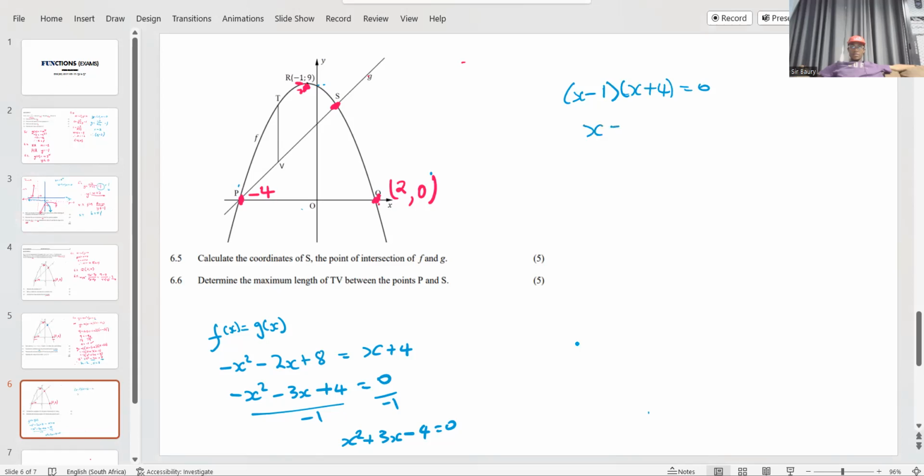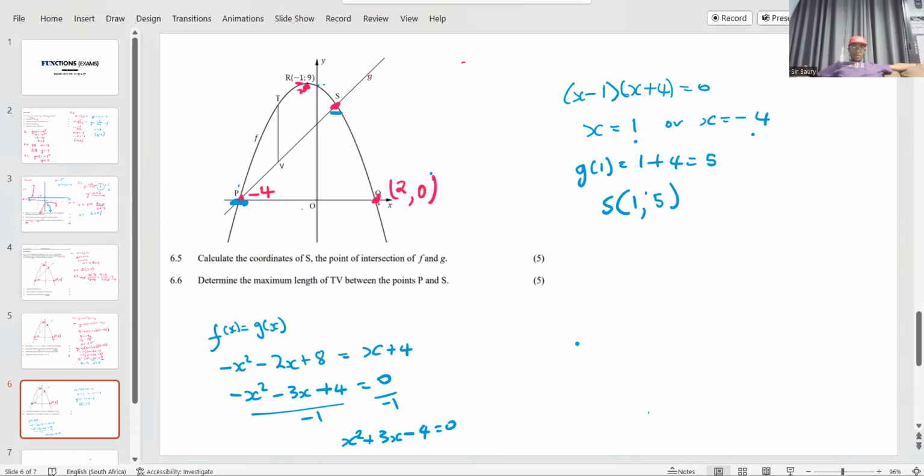Then x is equal to 1, or x is equal to -4. So we have two intersections at x is equal to 1 and at x is equal to -4. So when I look at this, where x is -4, that's point P. So it means that at point S, x is equal to 1. So I'm going to substitute 1, say g at 1 is equal to 1 plus 4, which gives me 5. So the coordinates of S are (1; 5).